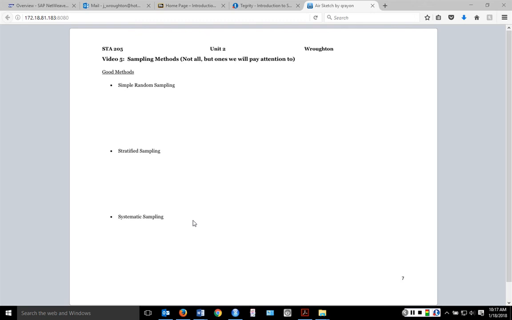And the biggest way I like to have students think about this one is that it's sort of a big raffle. Everyone has a ticket in the raffle, we pull out so many tickets and those are our winners, and basically that's our sample. So what this really means for us is that we're going to start with a list of everyone or everything that's in our population.